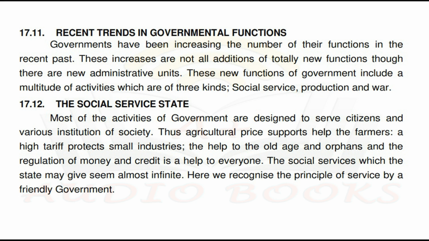Thus, agricultural price supports help the farmers, a high tariff protects small industries, the help to the old age and orphans, and the regulation of money and credit is a help to everyone. The social services which the state may give seem almost infinite. Here we recognize the principle of service by a friendly government.